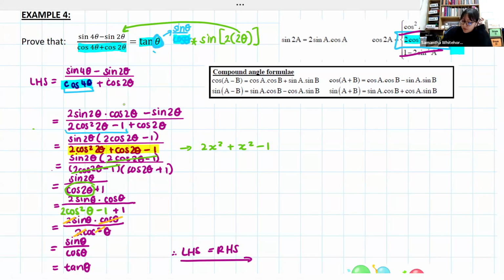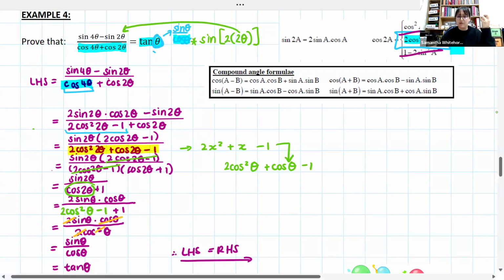So remember what we have here, based on what we wanted, using my double angle. I ended up with, I'm just going to write it here, 2 cos squared theta plus cos squared theta minus 1. That relates to an algebraic expression of 2x squared plus x minus 1.